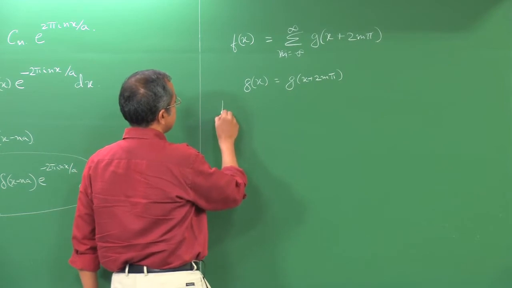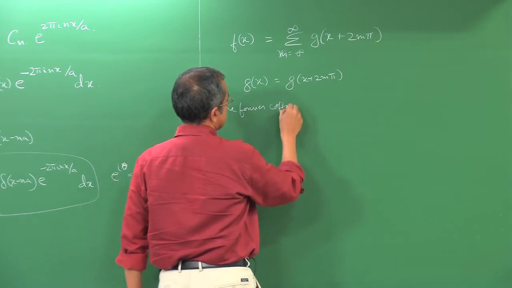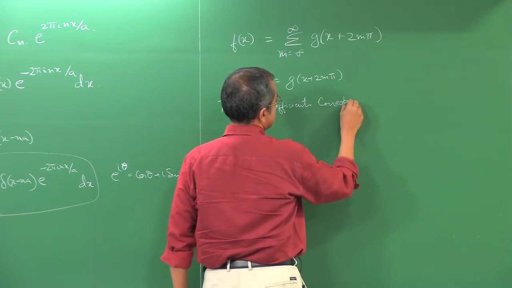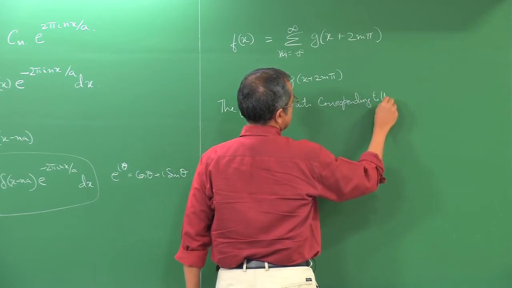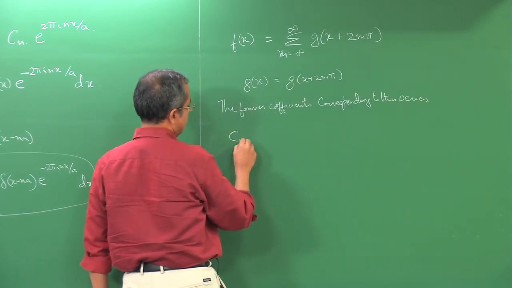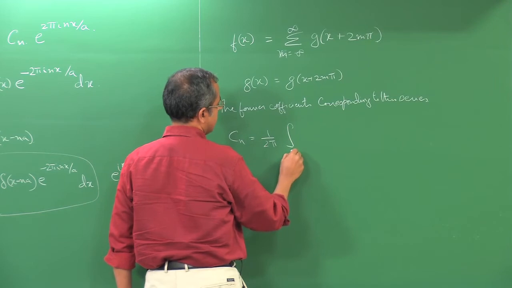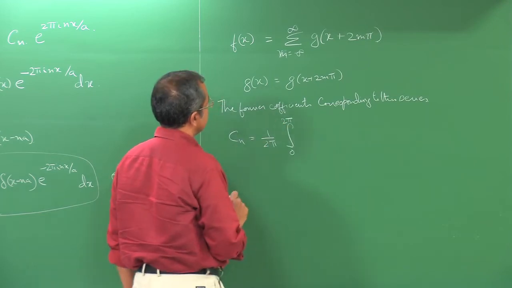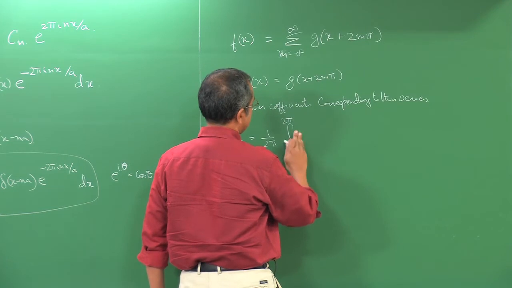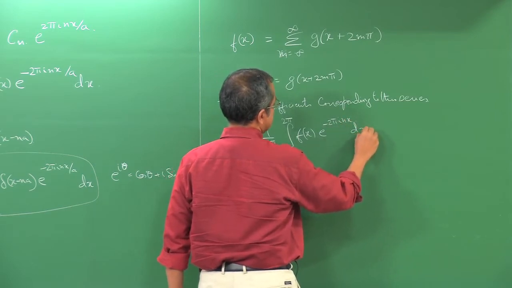Now, if you want to get the Fourier coefficients corresponding to the series, then C of n is basically 1 over 2 pi integral 0 to 2 pi of f of x, or in this case g of x, e to the power minus 2 pi i n x by a dx.